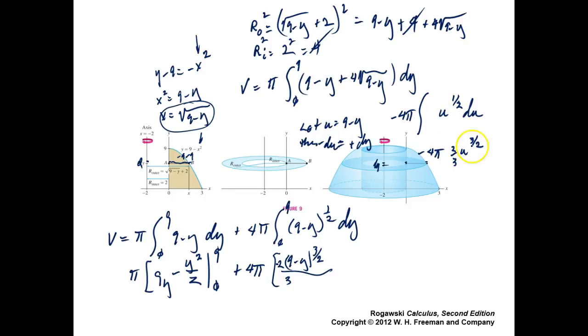That would be correct that way, but you see the minus is there, and that would be minus 8/3 pi u to the 3/2, but then plug this back in, it'd be 9 minus y to the 3/2.